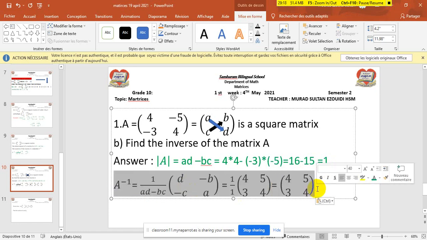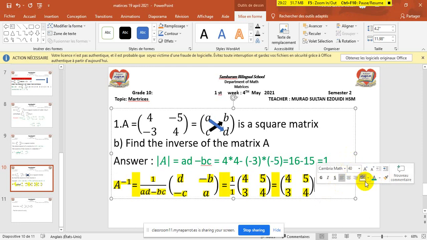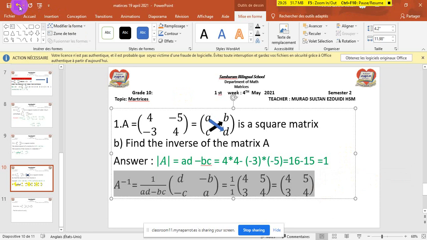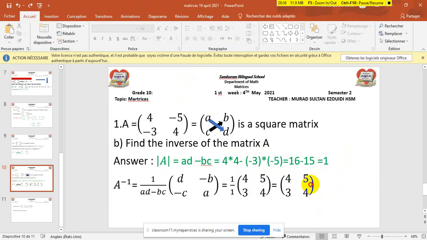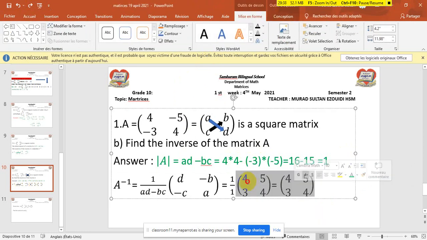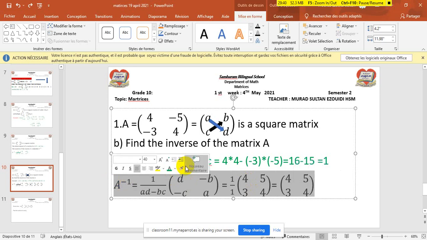Please hurry up to write this. Or I will change this one, not like that. Okay, I'll make it like this. Which color do you prefer? Okay, I will make this one blue.